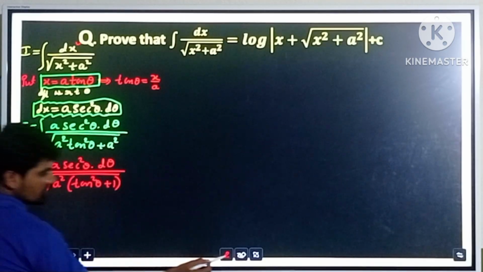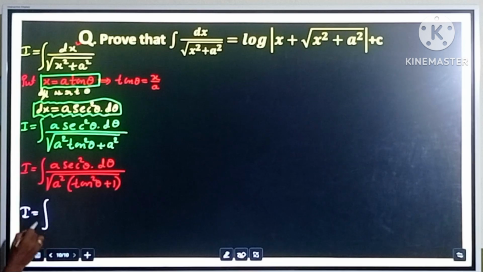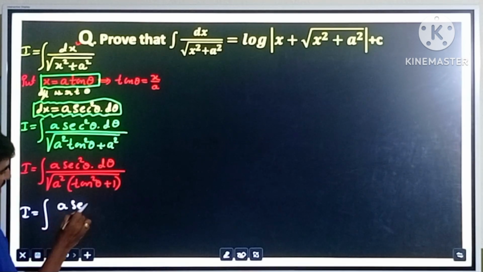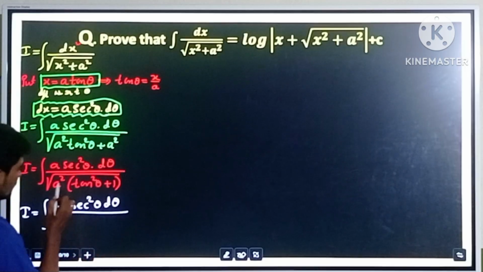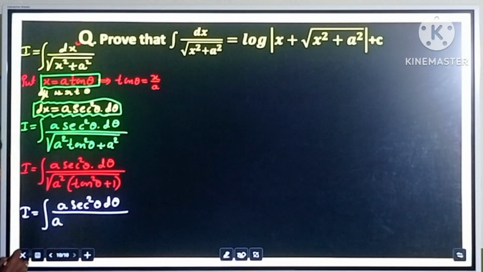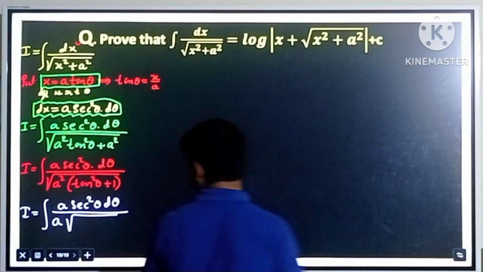Now in the next step, I is equals to integration of a secant square theta d theta divided by square root of a square, which is a, into square root of, see here again by using the same identity.